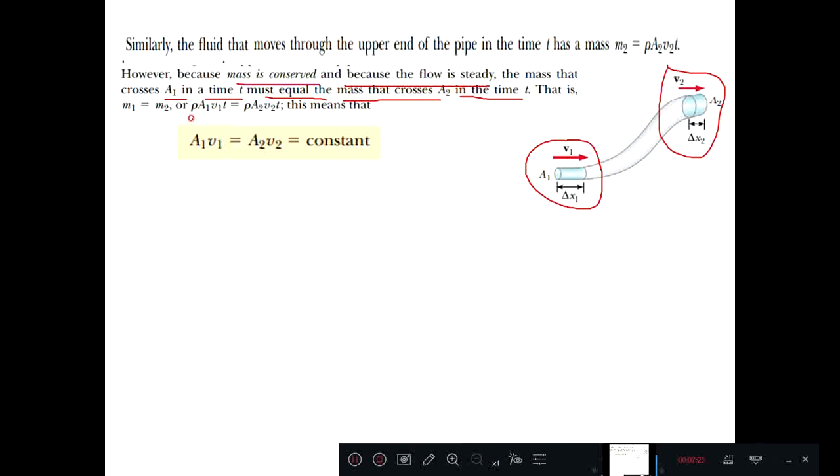So here the density cancels on both sides, and time cancels, then finally we get A1 V1 equal to A2 V2 equal to constant.